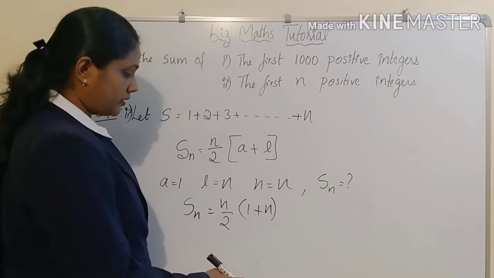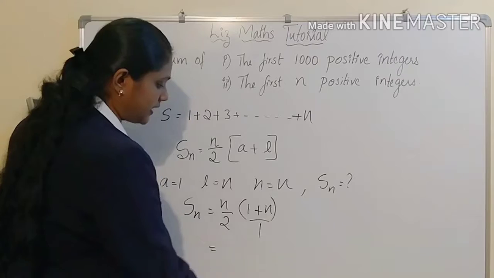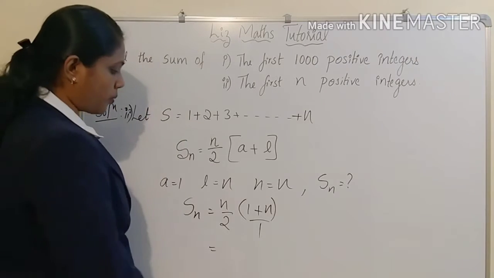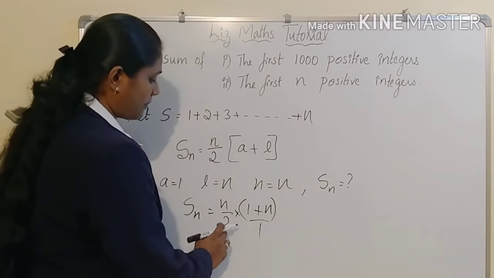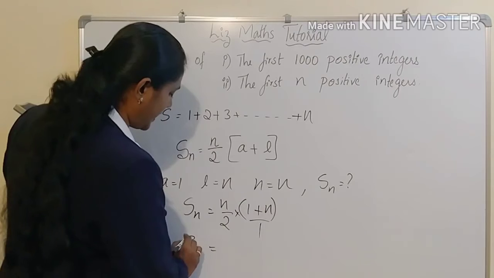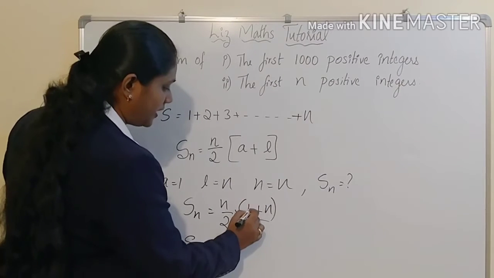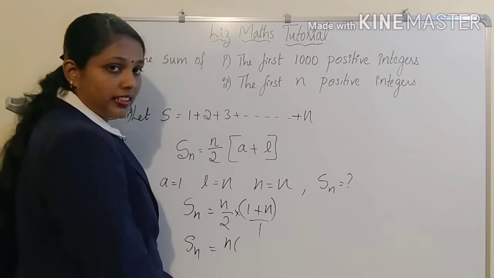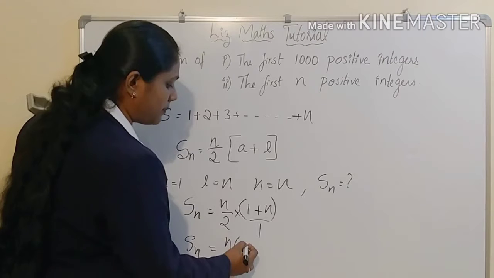Now I'll rewrite this here. See here, the denominator you are considering as 1, and the multiplication symbol is there, isn't it? So when you multiply numerator into numerator and denominator into denominator, what will you get? Sn is equal to n into, here I will interchange this, n plus 1 plus n, I will write it as n plus 1.